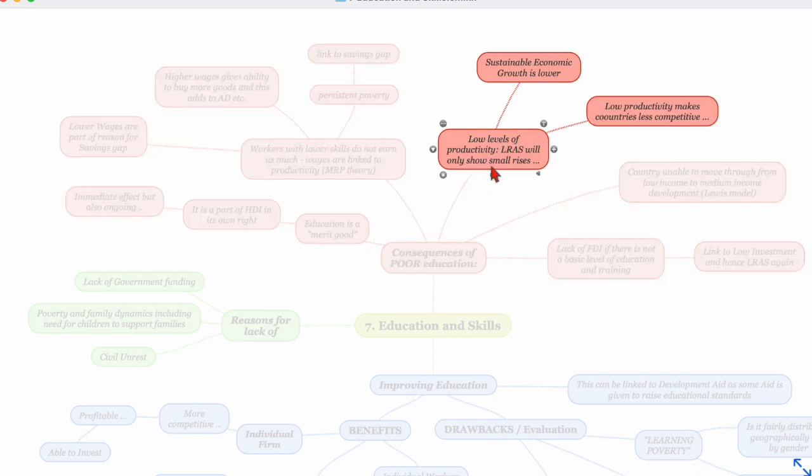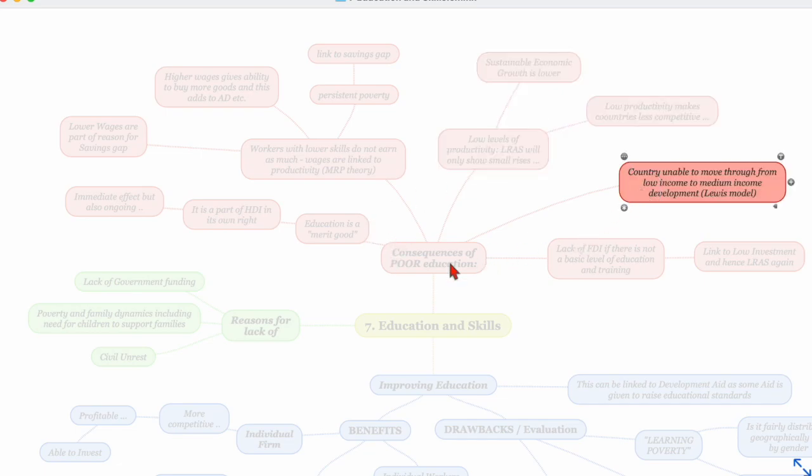It also leads to low levels of productivity, so the long run aggregate supply will only show small rises, makes the country less competitive, and sustainable growth is obviously going to be lower. And the last one, which is an important one, is that the country is unable to move through from a low income to a medium income level of development, and this is known as the Lewis model, which we look at later in another video.